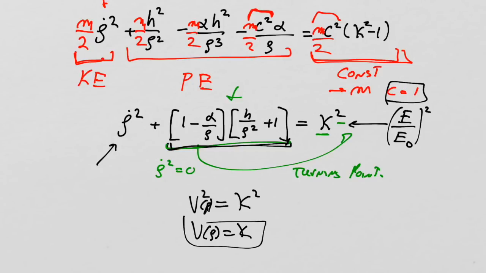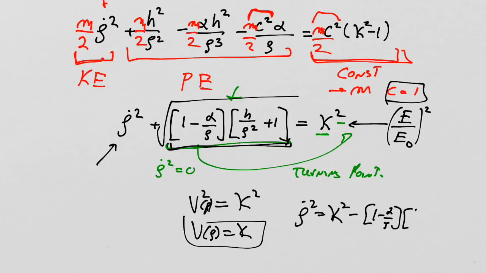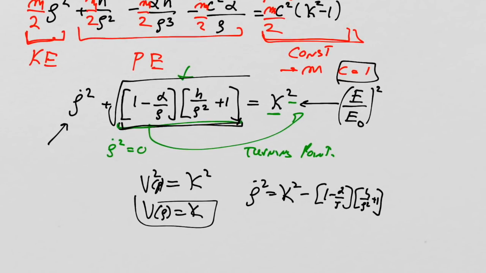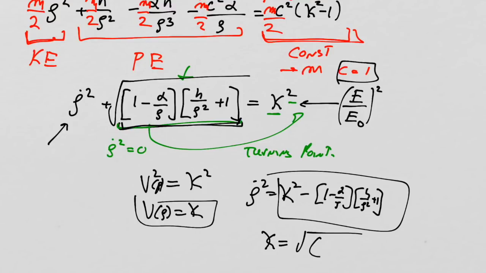So we're going to call the effective potential essentially the square root of this thing, right? Because ultimately we have rho dot squared equals kappa squared minus the quantity 1 minus alpha over rho, times h over rho squared plus 1, right? So when this side equals 0 is what matters. So we're going to look at when kappa equals the square root of this stuff here.